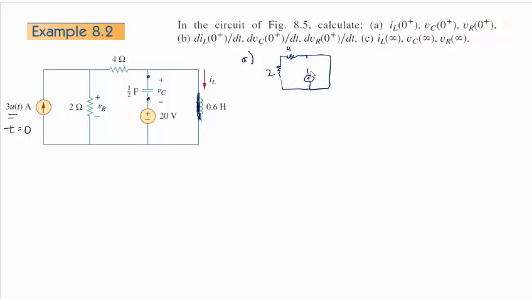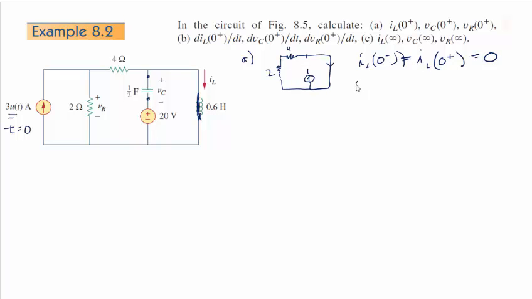This is open right now, so no current can come from here. So this has no current flowing in it. Therefore, I in the inductor at time 0 minus equals I in the inductor at time 0 plus, which must equal 0. Nothing's happening in this circuit.